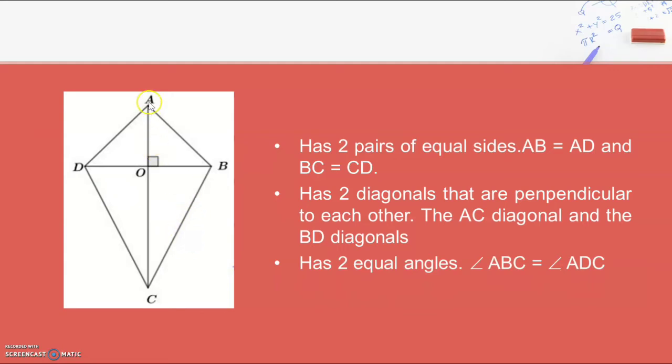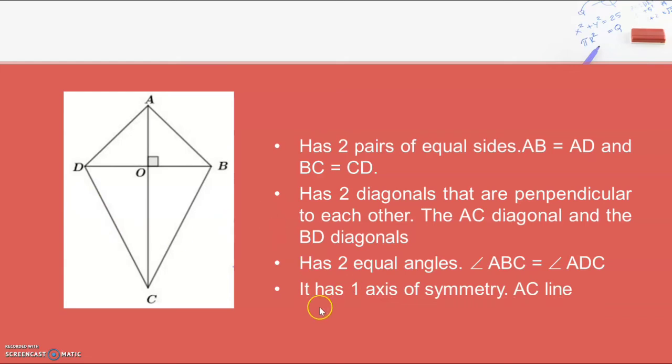This is angle ABC, and this is angle ADC. Angle ABC is equal to angle ADC. So the magnitude of angle ABC is the same as angle ADC.